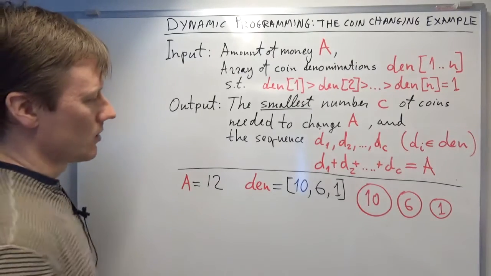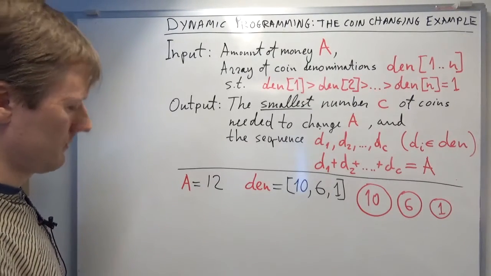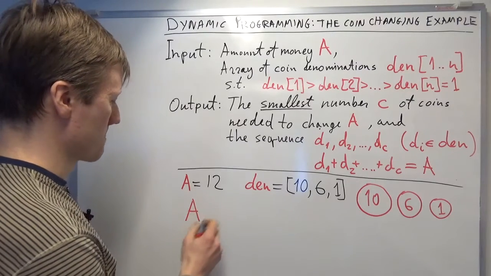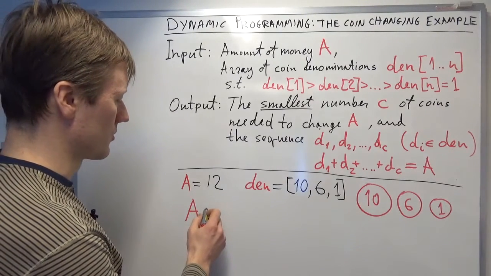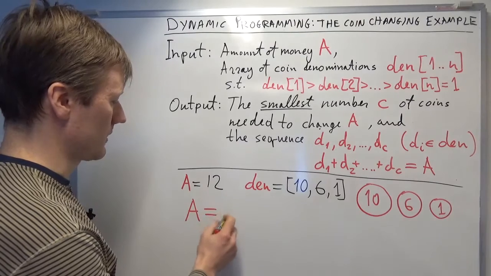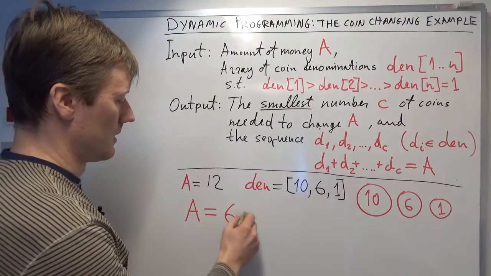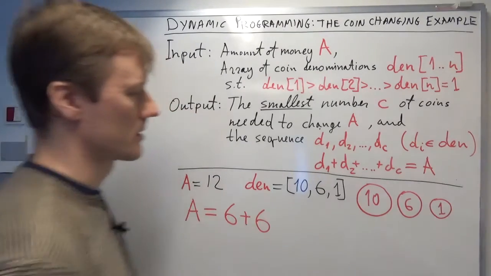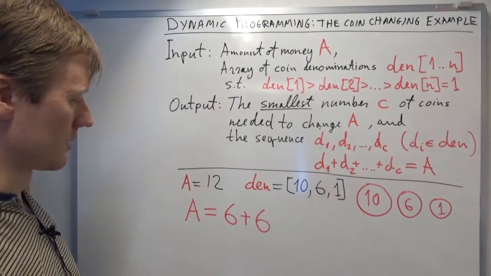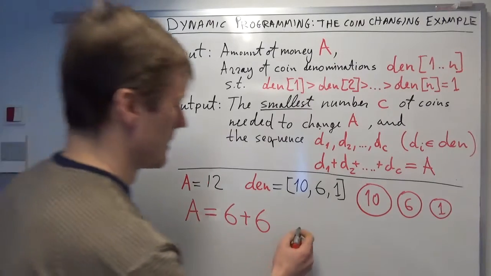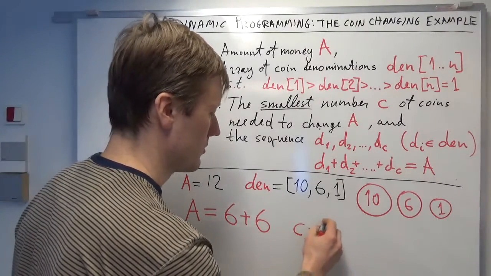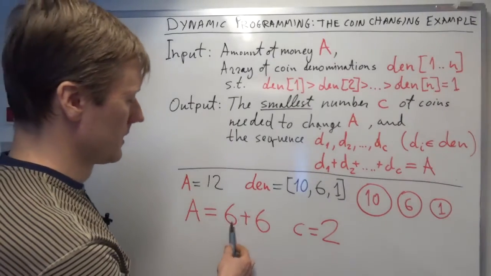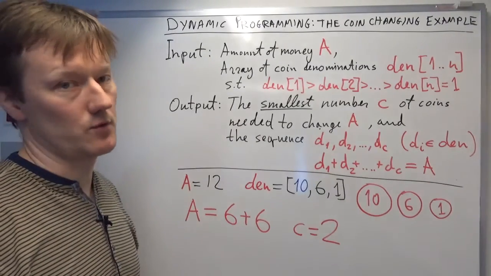So in this case it does not work, and in this case the optimal solution is to change the amount as 6 plus 6 using two 6 krona coins. So the answer is C is equal to 2. We have to use 2 coins, and these are the coins that we have to use.